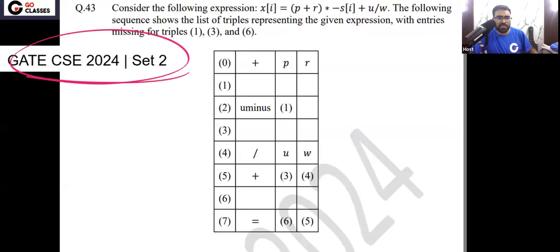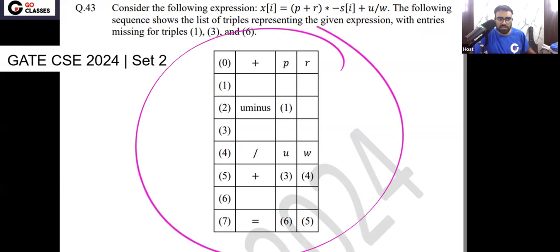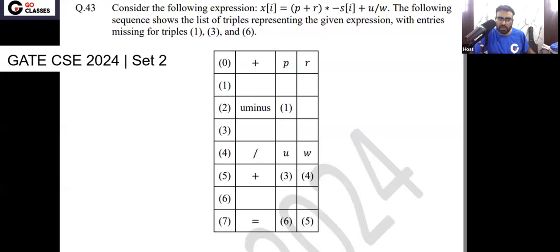Let's solve the GATE 2024 question based on triple representation. This is a beautiful question, and all the concepts required to solve it we have already seen in this lecture, so you can watch this lecture from the beginning to learn them.